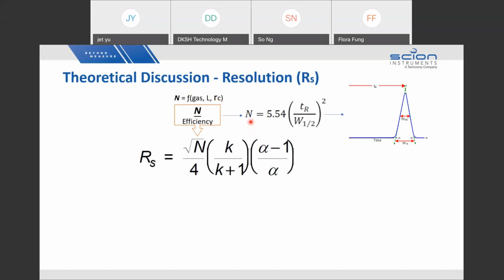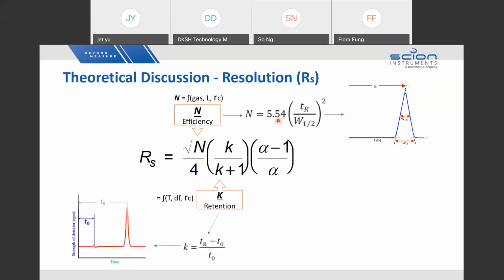This is a way to get the number of theoretical plates. Basically, for a peak, you have the half width and you have the retention time, then based on this formula, you're able to figure out N. Just now I showed you the formula of the tR retention time, and inside this tR there are multiple factors. You have to manipulate the retention time, column length, carrier gas, and also the column ID.